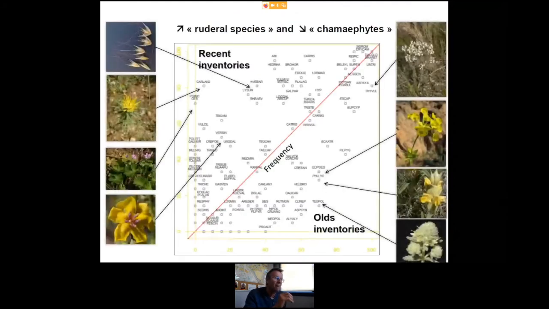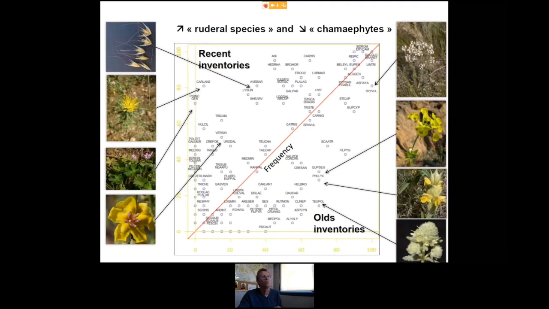And if we do the correlation between the species and the recent inventories or the old inventories, we can see that the old inventories had the highest cover or higher frequency of chamaephyte species, such as Thymus vulgaris, which is really one of the typical species of this area. Remember, it was mentioned by Pliny in 77 AD, which is really one dominant species of the area, and other perennial species such as Euphorbia seguieriana, Phlomis lychnitis, or Teucrium polium.